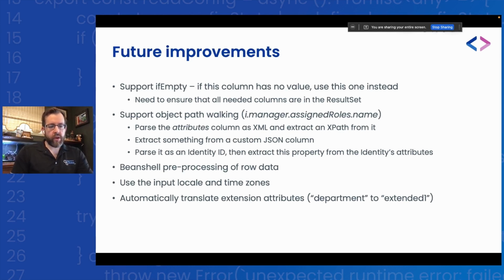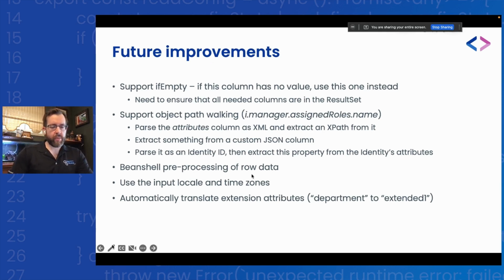We could support object path walking. So assuming we have an identity, we can just extract a value using a sequence of dot walking values like this, i.manager.assignedRoles.name, and we would get something back like that. I have a utility class that does this for any object, including XML and arbitrary value objects like identity and so forth.